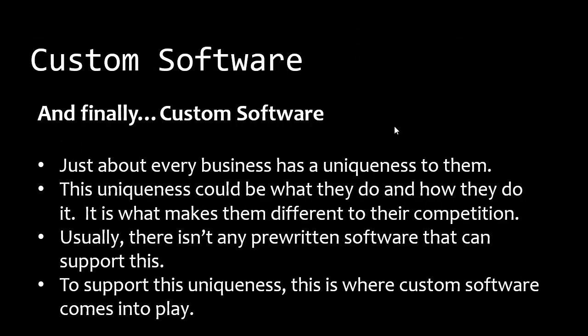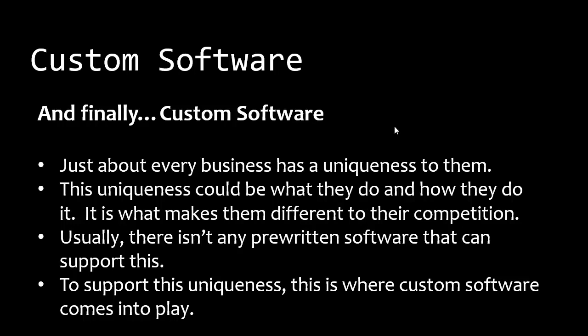Custom software. I added this slide a little late to this video, because I always get the question of, well, what do we do? What we do is this: we build custom software. Just about every business has uniqueness to it. Accounting is accounting, but other than that, when it comes to the processes, what they do, what they're selling, their competitive advantage, some of the things we talked about when defining a business, that's the uniqueness to them.